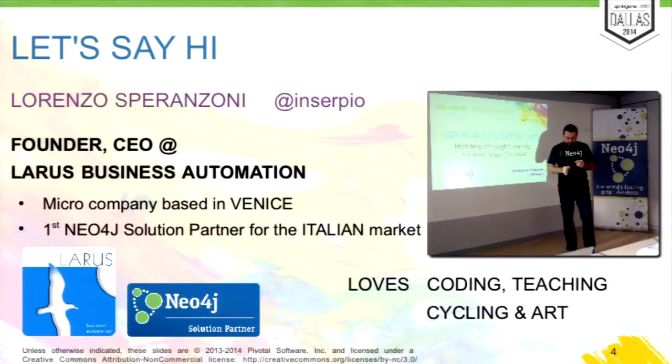As we approached the NoSQL landscape, we immediately understood that graph databases have great potential. And this year, we have become the first Neo4j solution partner for the Italian market. I recently also started to support Michael in improving the Spring Data Neo4j component. And finally, I love art, so the slides will be so colorful.